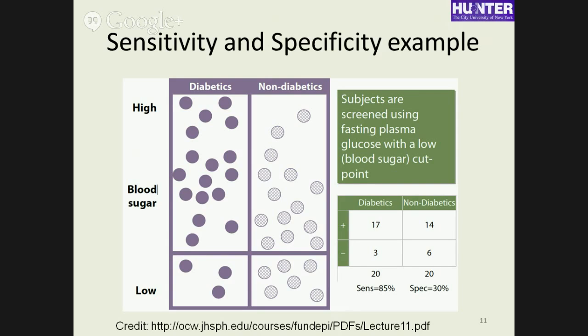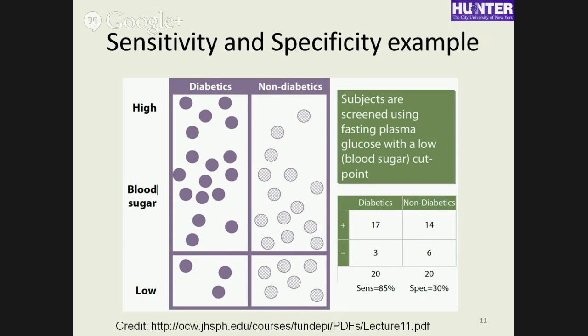So here's one example of a way to set a cut point. Down here, a fairly low threshold. So this cut point is going to tell you that lots of people have diabetes. And this plot is summarized in this little 2x2 table, and you'll be using 2x2 tables like this a fair bit.